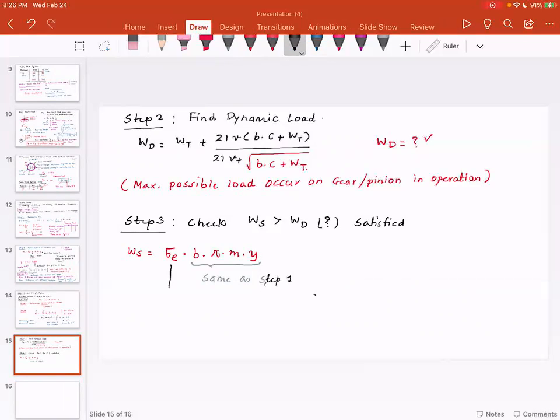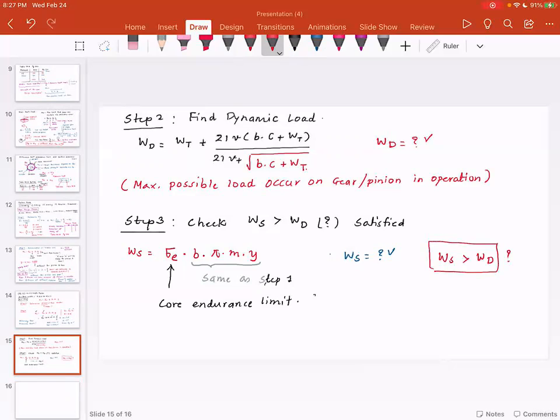The only difference is this is the core endurance limit, and everything is known. So we will look at the tables that we talked about, and from here we will find out the value of WS. And we have to check whether this WS that we get from here is greater than WD or not. And this condition must be satisfied.